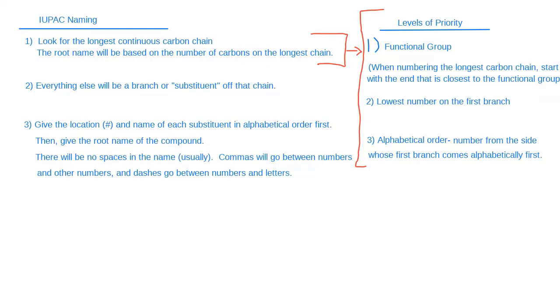So let's go ahead and do a brief example of this type of naming. So let's say we have a compound like this. I'll change the color here.